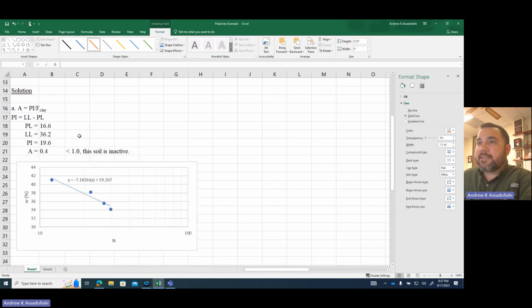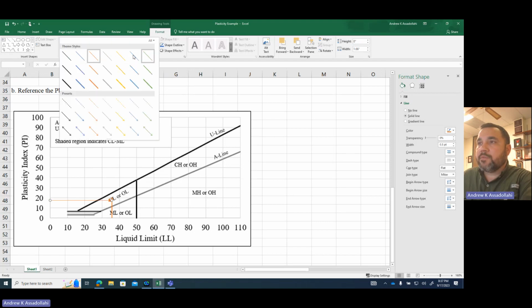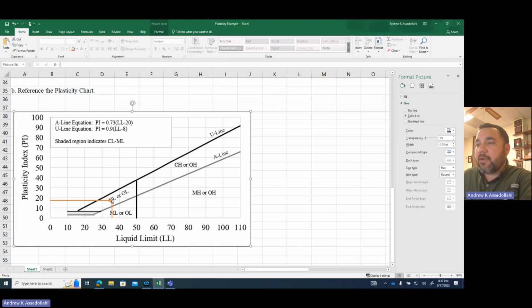And then the plasticity index was 19.6. So I'm going to go right about here, come over. Let's make that a more noticeable orange color. And let's make a little adjustment here. And so I'm landing right about here.